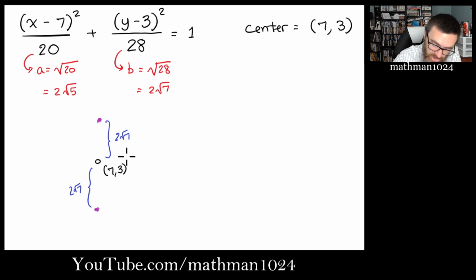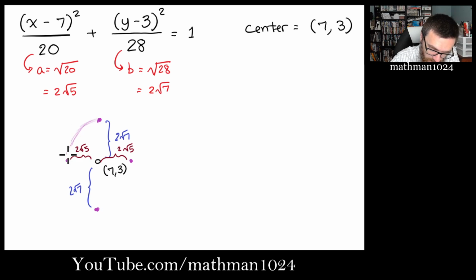And then I'll be stretched in the x direction on either side by 2 square roots of 5. So this is 2 square roots of 5 here, and 2 square roots of 5 here.